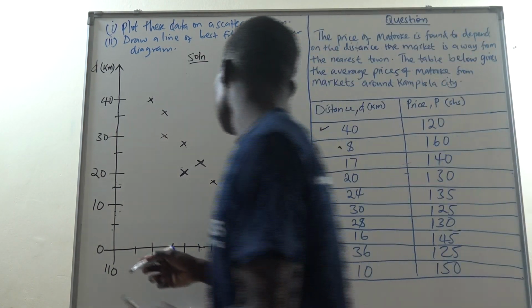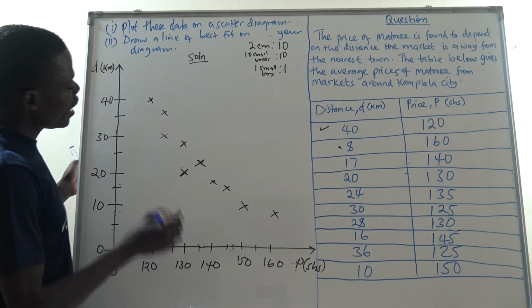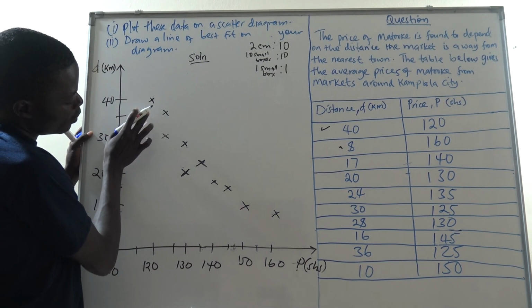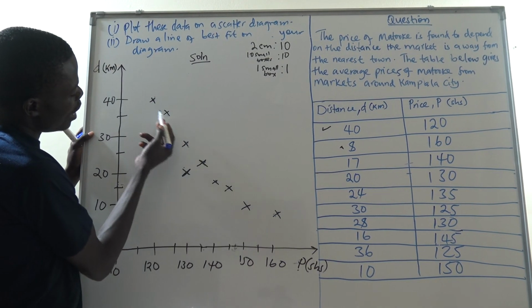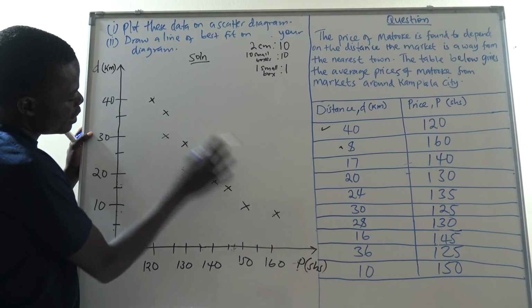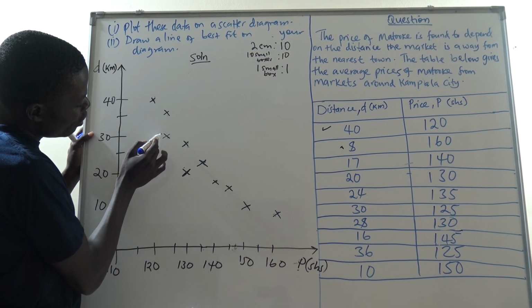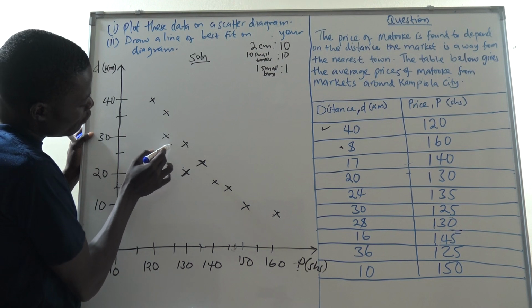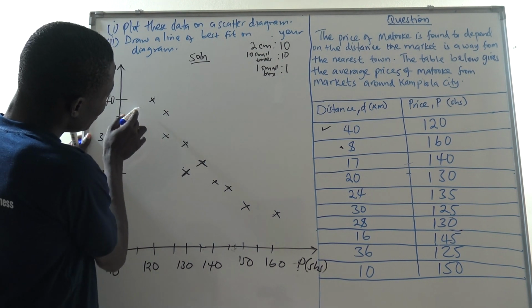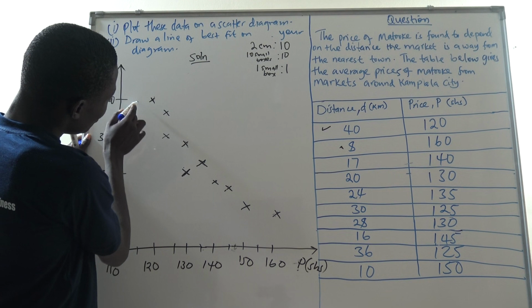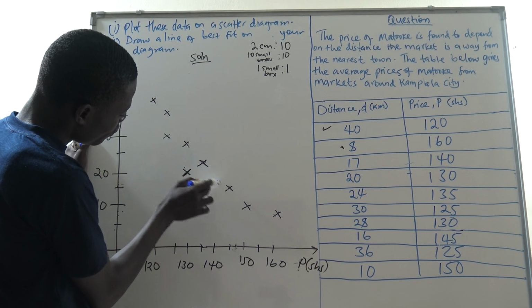Then we are remaining with identifying our line of best fit. If you see, this and this are out of range, they are aside, and then where can we put our line of best fit such that it fits the points?